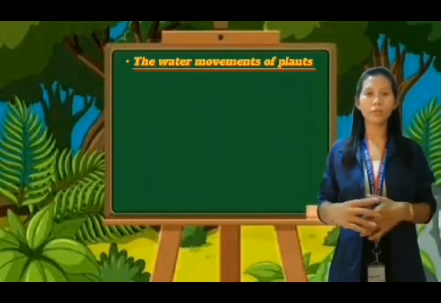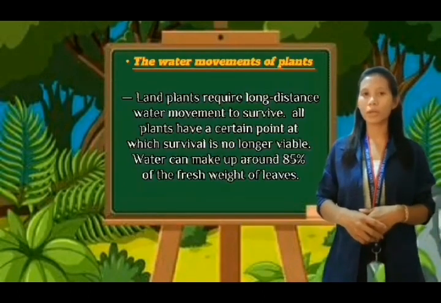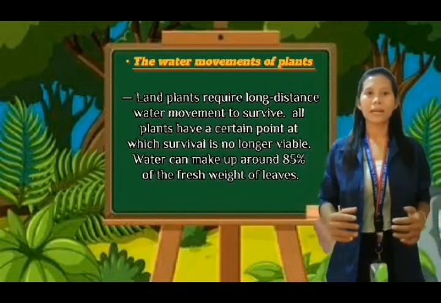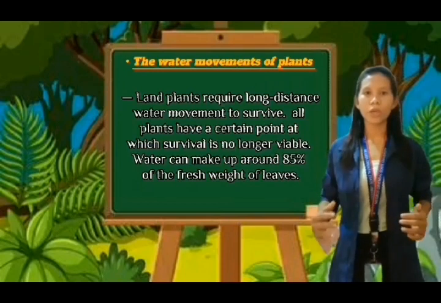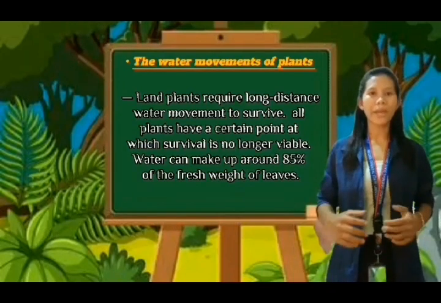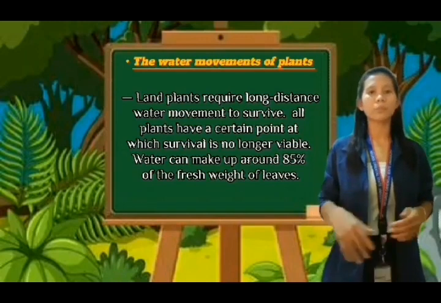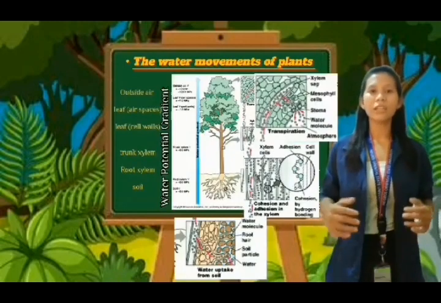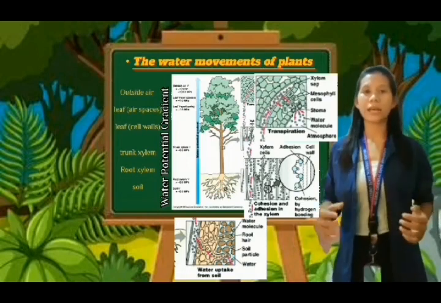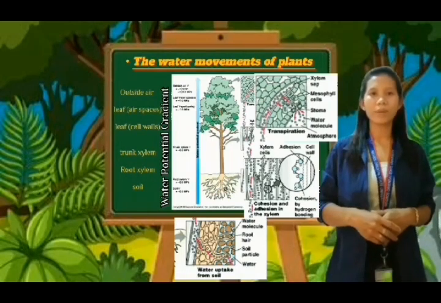The movement of water in plants requires long distance water movement to survive. All plants have a certain point at which survival is no longer viable. Water can make up around 85% of the fresh weight of leaves. A leaf can evaporate all of its water weight in just 1 hour on a dry, warm, sunny day.